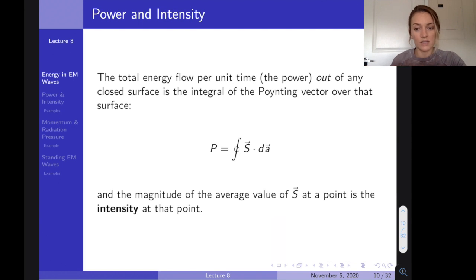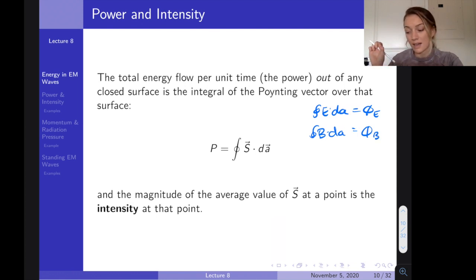So now think back again to 7D, and this integral here looks a lot like flux, right? When we had electric flux with Gauss's law, we had E dot dA as the electric flux, and then we had B dot dA as the magnetic flux. So whenever you take a vector field and integrate it over a closed surface, that's a flux.